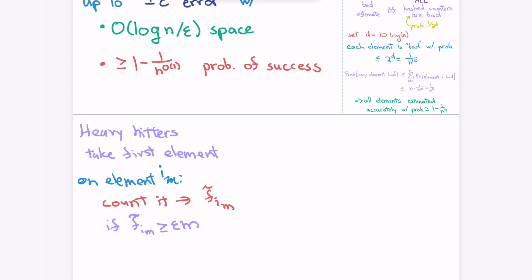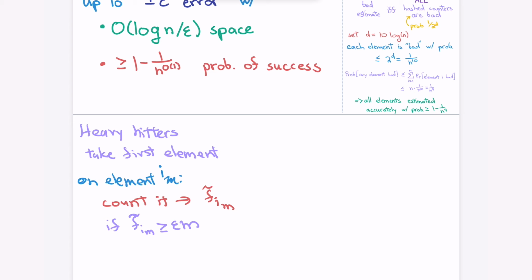But really the point is that as the elements come in, you're counting them, and you use that count to say, oh, I think it's an epsilon heavy hitter or it's not. And for the elements you already had, you maintain their counts at the point you added them, so that at some point they drop off if they're not getting incremented. And so you also let go of some of them online.